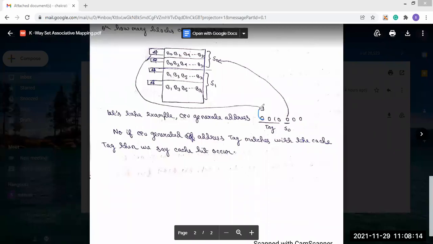The fifth bit specifies in which set the block is present, and the last 2 bits, which include the LSB, specify in which block the word we are searching for is present.